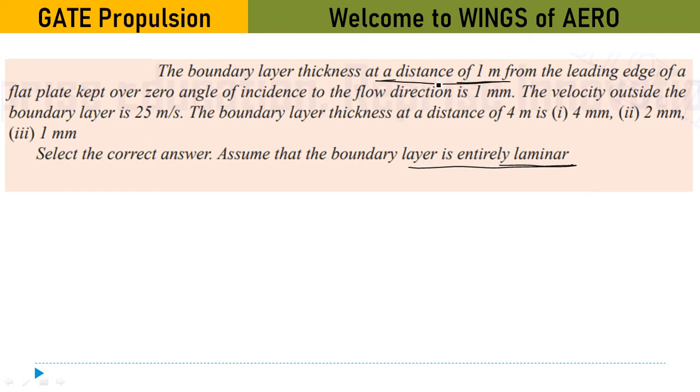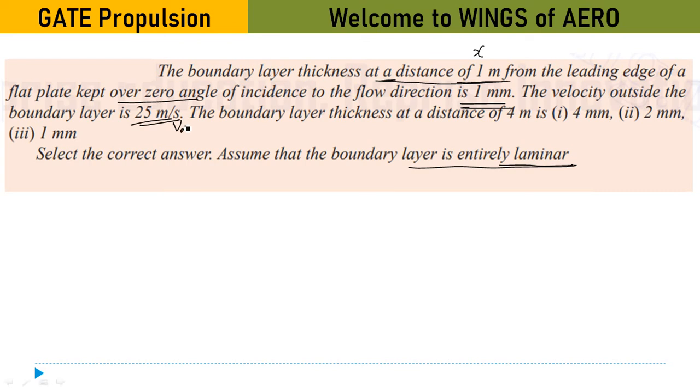Now the boundary layer thickness at a distance of 4 meter. Now if the plate is shifting to another position, so if x1 is 1 meter, x2 is 4 meter, what will be the boundary layer thickness? This is the question. You need to find the boundary layer at 4 meter, that means the boundary layer at x2.